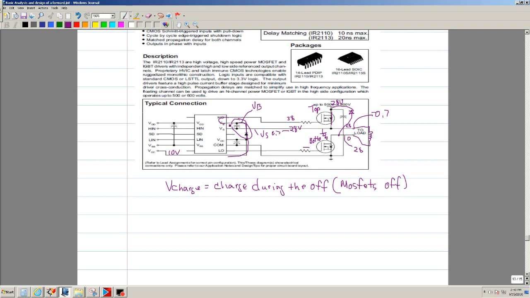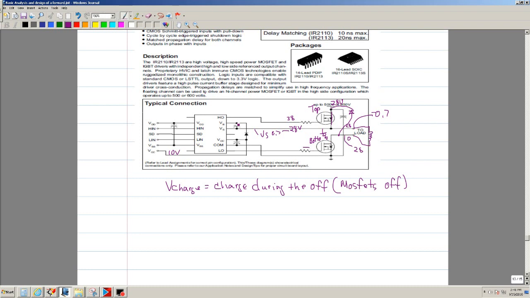Okay, and then when you turn on, this floats up, and that 10 volts is now connected differentially. Basically, internally you can think of it that this capacitor is connected.